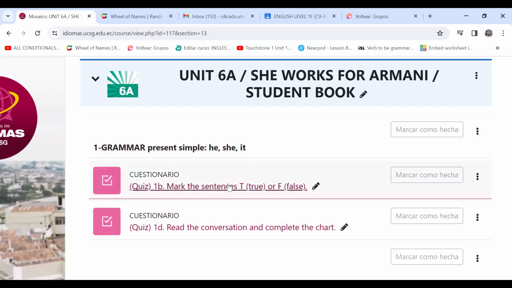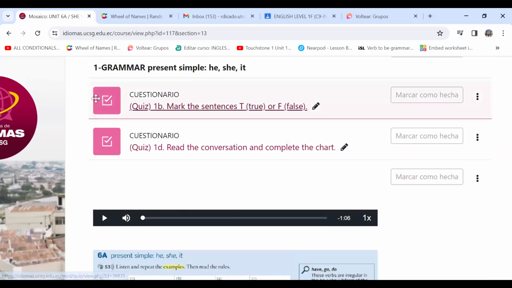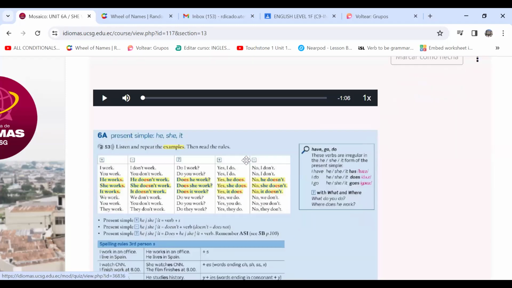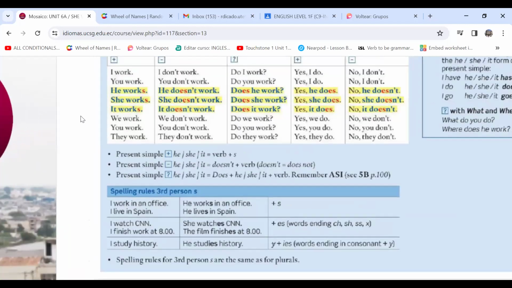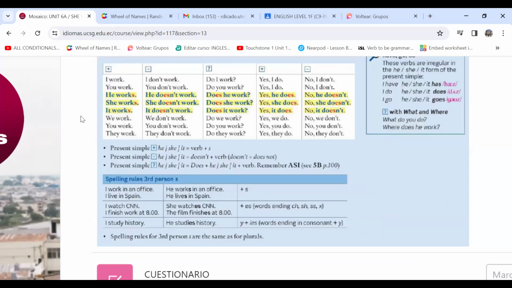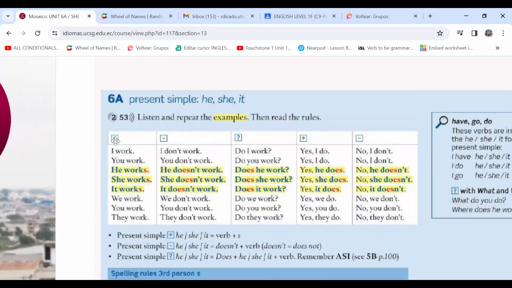Okay. And here we did this yesterday, and here we have also the other rules, the grammar. Okay. We practiced it about affirmative, negative, questions, and affirmative and negative questions.